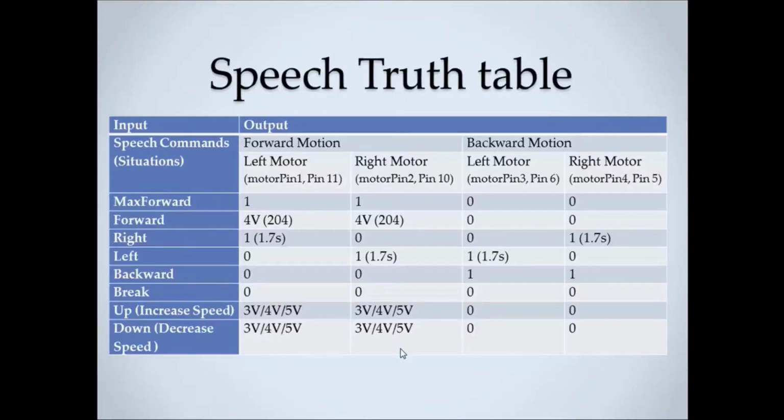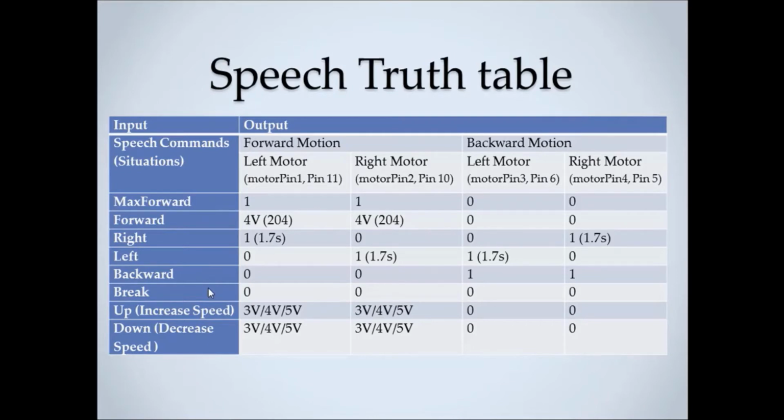This is the speech project truth table. The speech truth table is the same as the Bluetooth truth table, except there are some differences, such as the button of the Bluetooth commands is not written in the situation column.